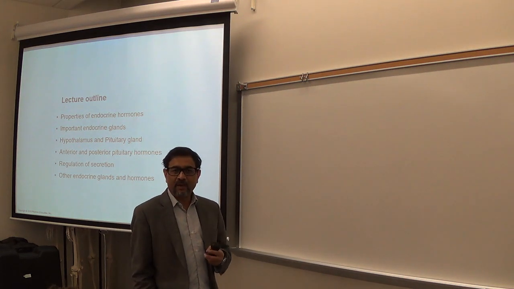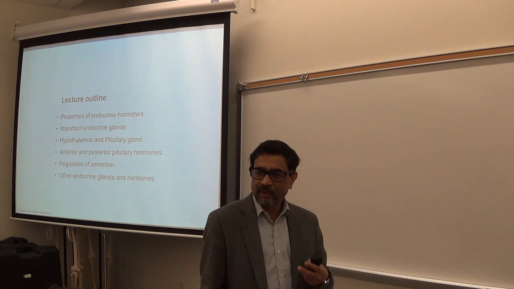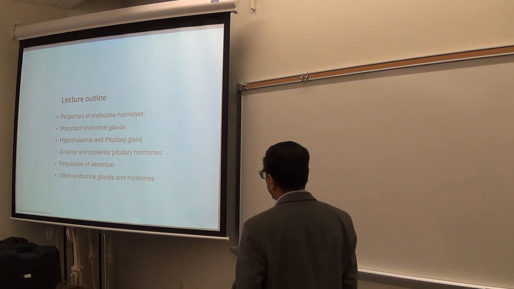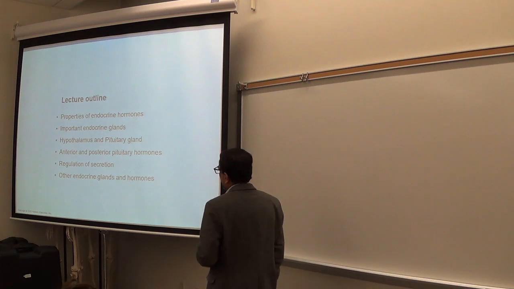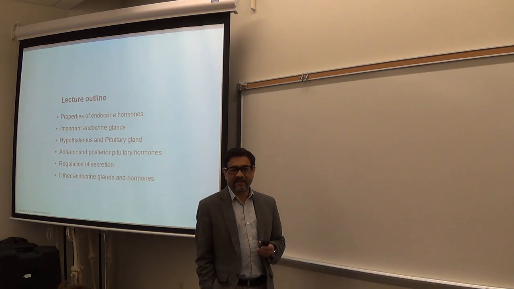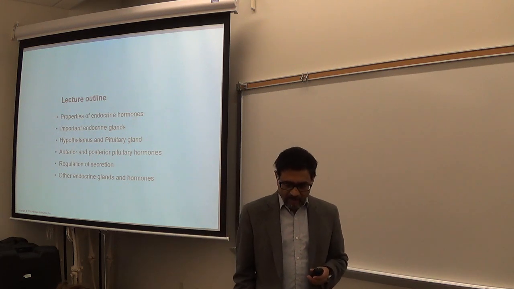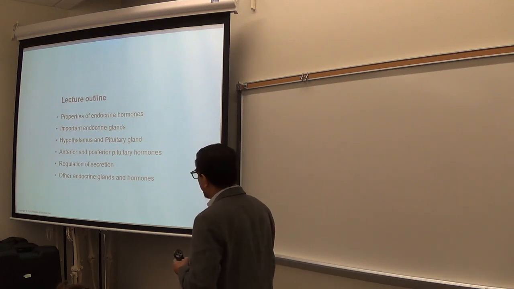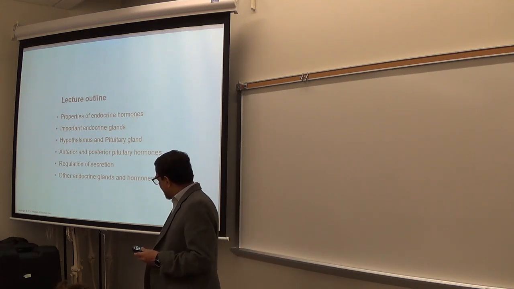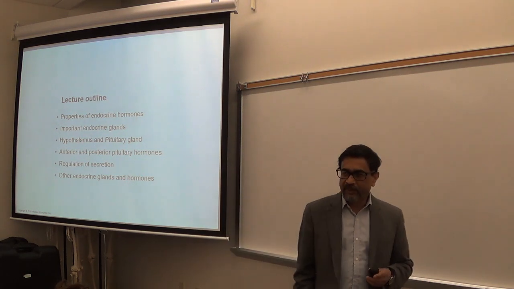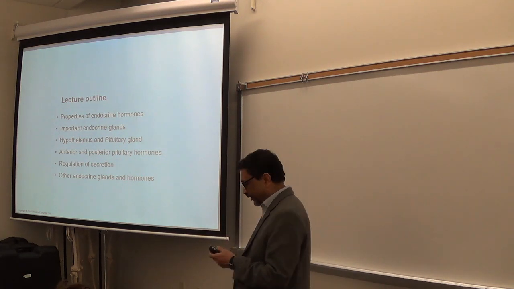So we'll see what are those anterior pituitary hormones and posterior pituitary hormones. Then we'll talk about the regulation of endocrine secretion, how the secretion is regulated or controlled. Then we'll talk about the other important endocrine glands and their functions.